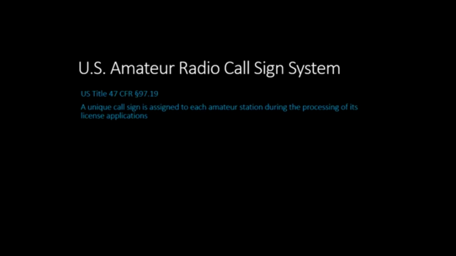Under U.S. 47 Code of Federal Regulations 97.19, a unique call sign is assigned to each amateur station during the process of its license application. What that means in English is when you get done and you pass that test, you're going to get a call sign from the FCC that has never belonged to anybody else through the FCC ever.